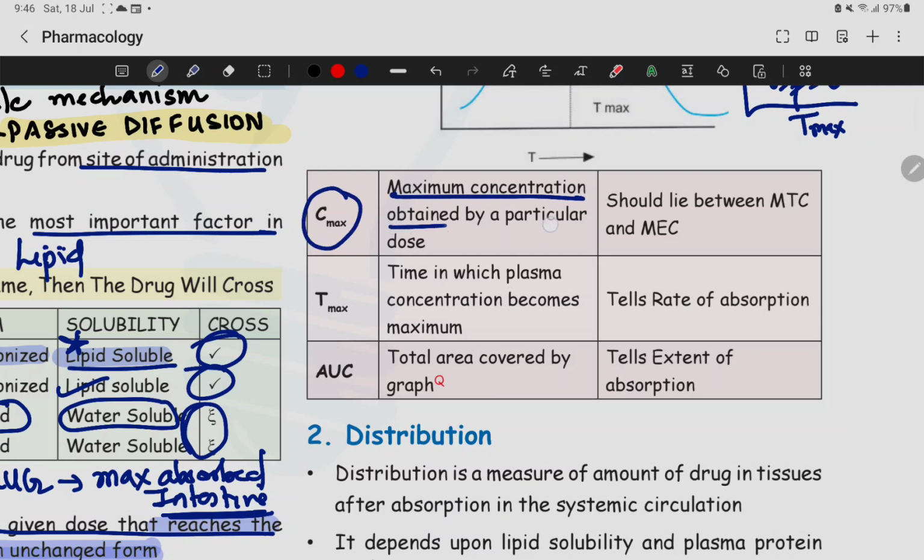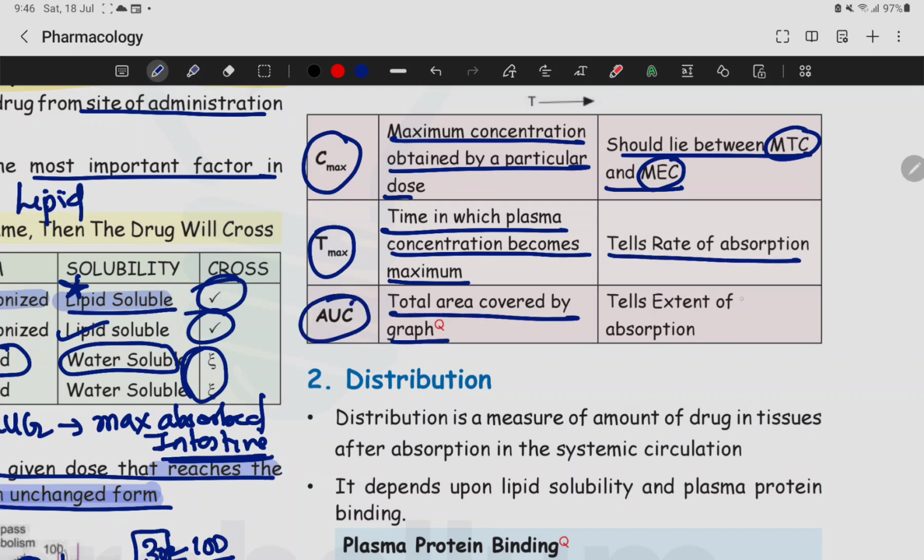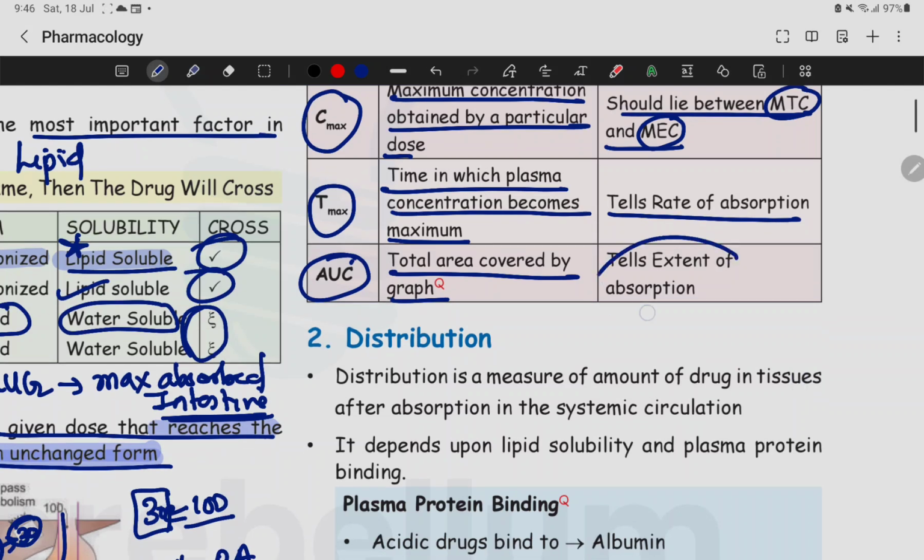Cmax is the maximum concentration obtained by a particular dose, and it should lie between the therapeutic dose and the toxic dose. Tmax is the time at which the plasma concentration becomes maximum and tells about the rate. AUC is the area under the curve and tells us about the extent of absorption.